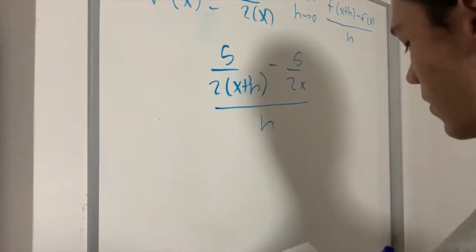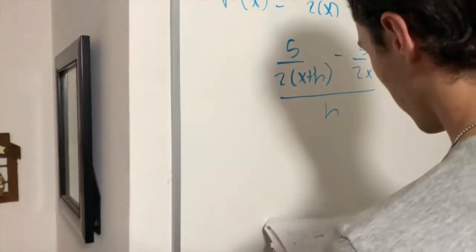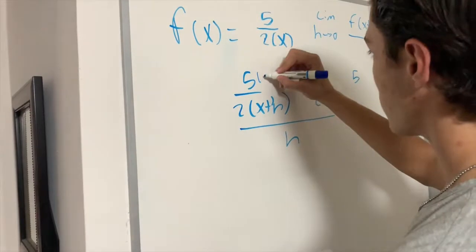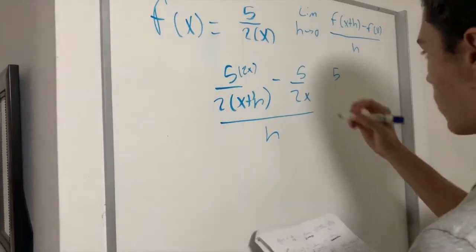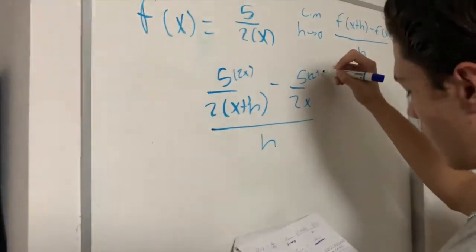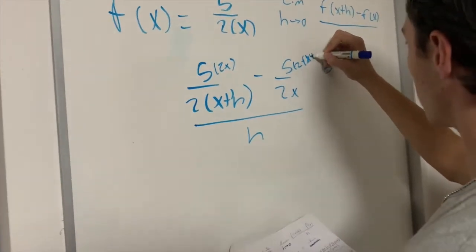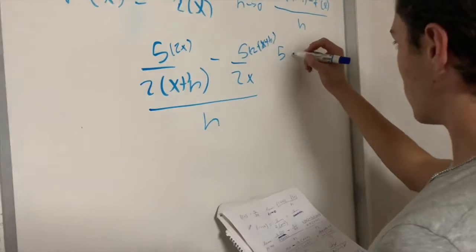Then what we're going to do is find the common denominator for this one, which will give us 5. We're going to multiply this one by 2x and this one by 2 times x plus h.